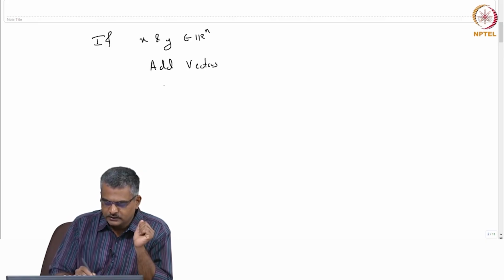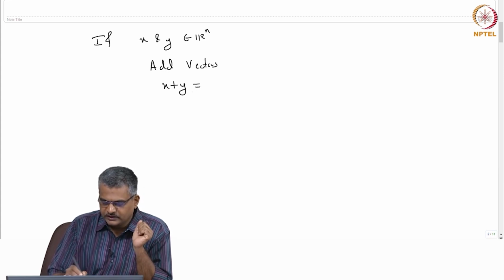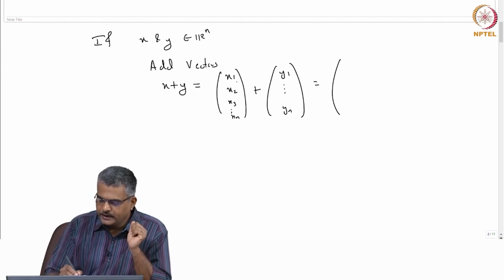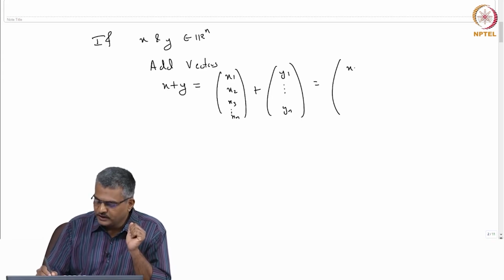And how do you do that? This is what we want on the left hand side, and the way you get it is you write down the components correspondingly for the y's, and then you add them component wise.